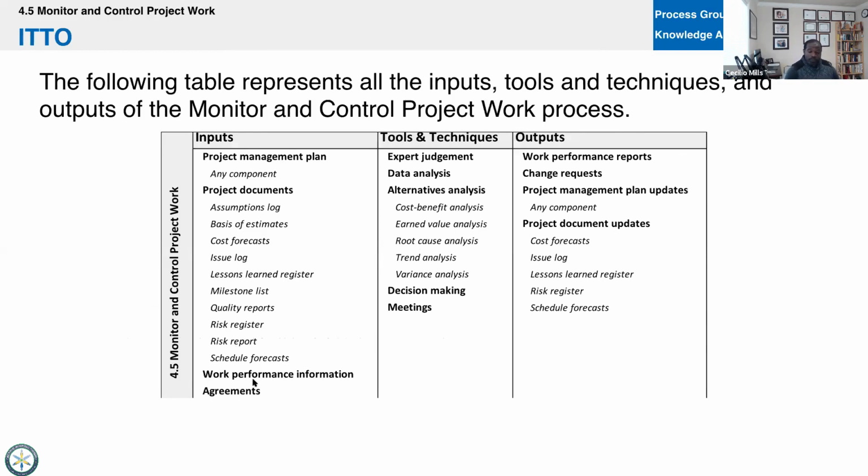We'll look at work performance information and what that is, the agreements themselves or contracts, EEFs, OPAs, and some of the same tools and techniques that we've seen, right? Expert judgment, data analysis, now in alternatives, cost benefit or earned value, root cause analysis, trend analysis. So we'll look at these, and then the outputs, work performance report would be the specific one here. And then the next three are potential.